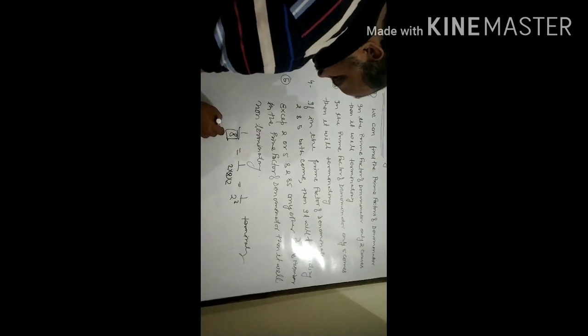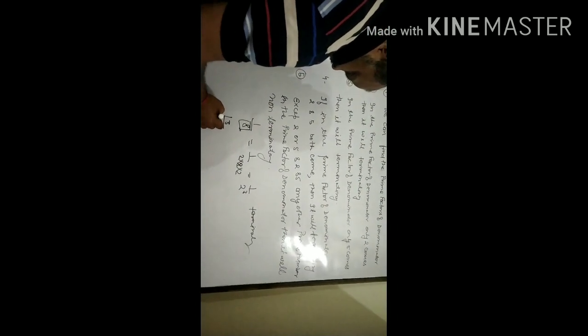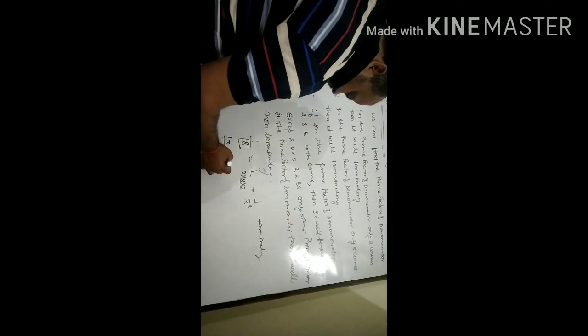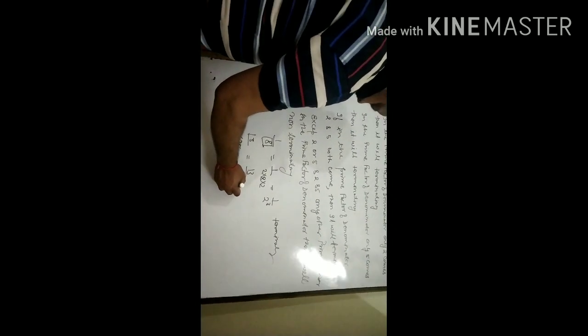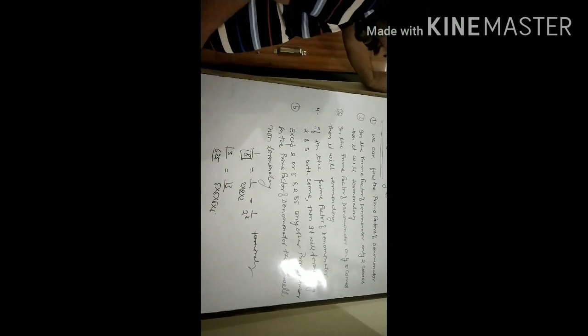In the same way, 13 upon 625. Here, you can find the prime factors of this. In the prime factors of the denominator, you see 625 is written 5 into 5 into 5 into 5. Then only 5 comes, that will be terminating.